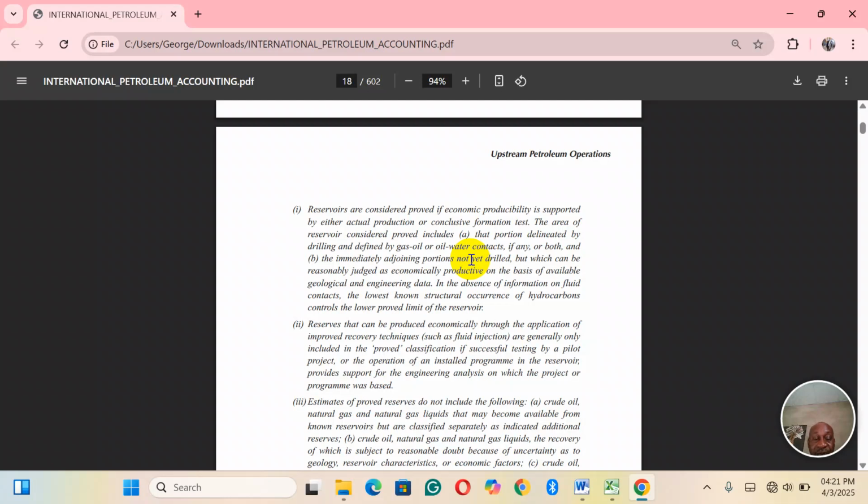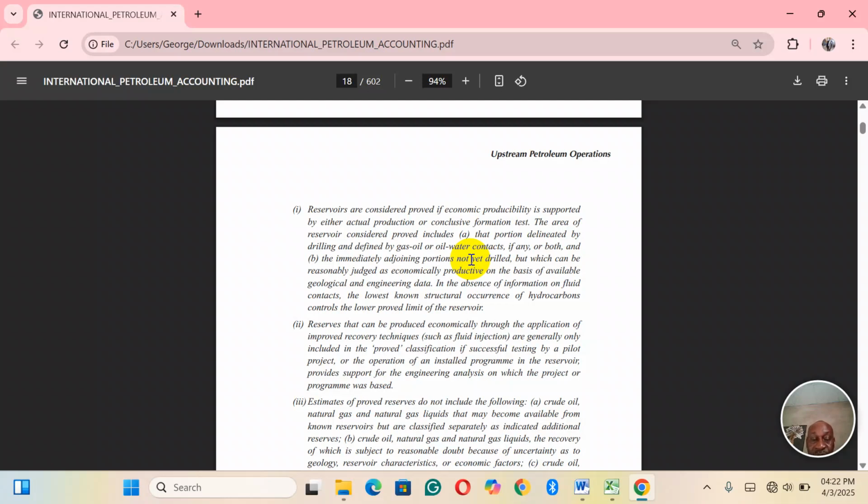The areas of reserve considered proved include a, the portion delineated by drilling and defined by gas-oil and oil-water contact, if any, or both, and b, the immediate adjoining portion not yet drilled but which can be reasonably judged as economically productive on the basis of available geological and engineering data in the absence of information on fluid contact.